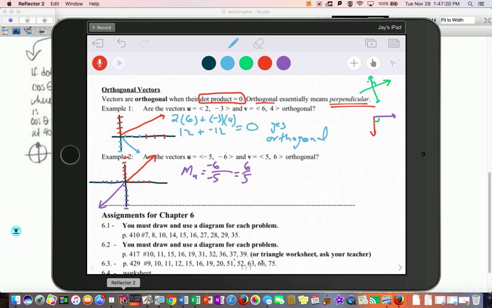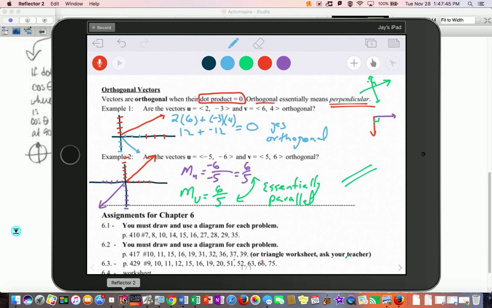And then over here, I can do the slope of v, which is the y over the x. And here, they're not necessarily parallel as in next to each other, parallel never touching, but because their slopes are identical, they are parallel.